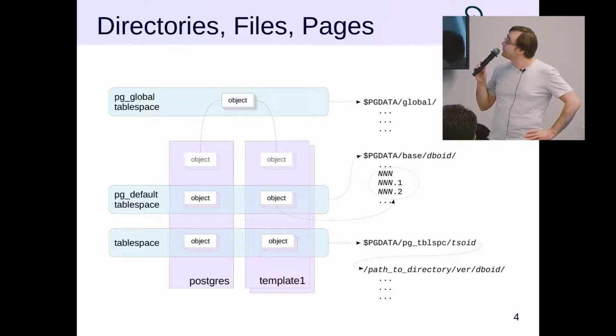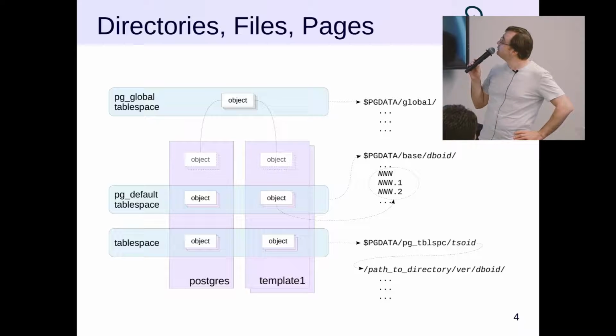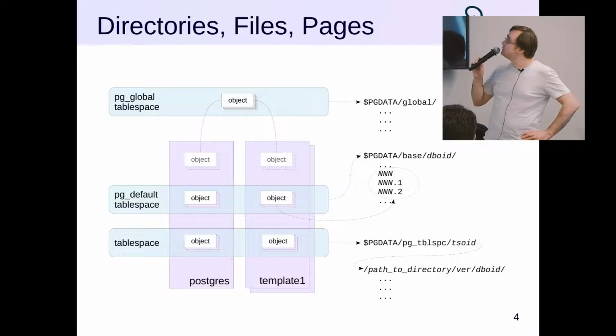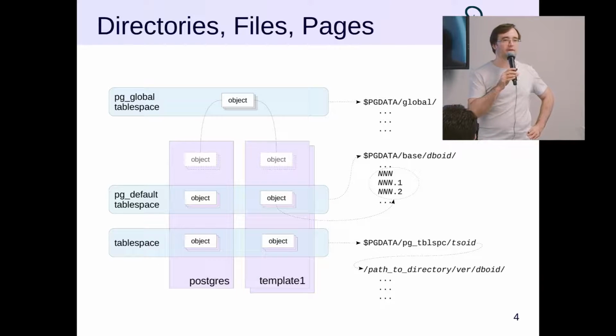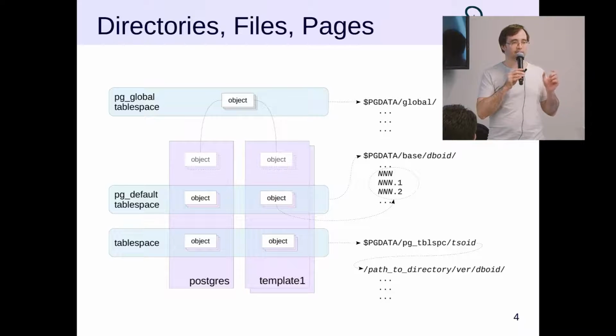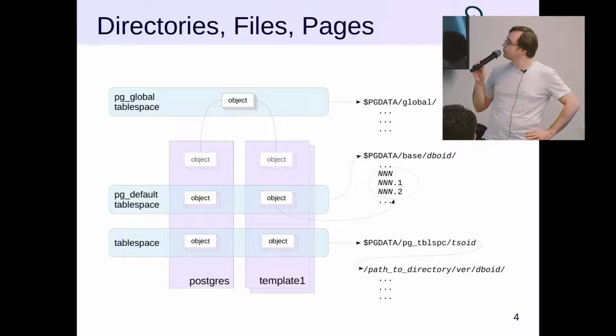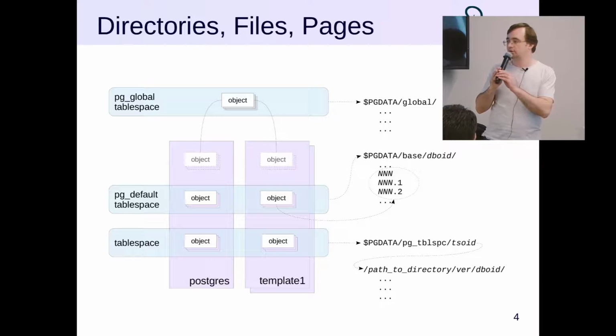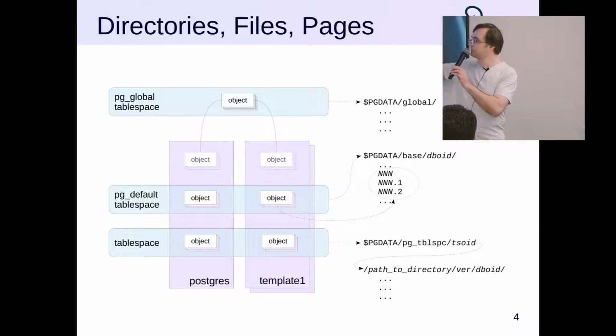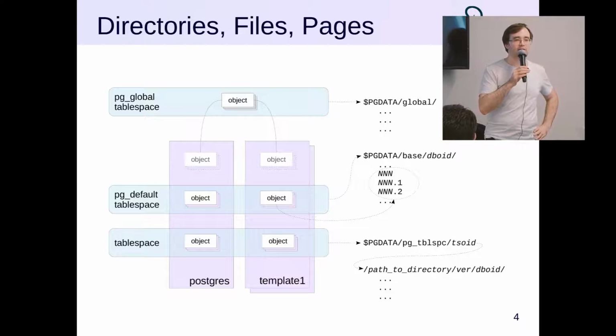Okay. The base directory is divided into subdirectories by object identifiers of databases. So objects of each database are contained in their own subdirectory of the base directory. The same is true for your own table spaces, but here Postgres creates another level of subdirectories which represents the version of your database cluster.